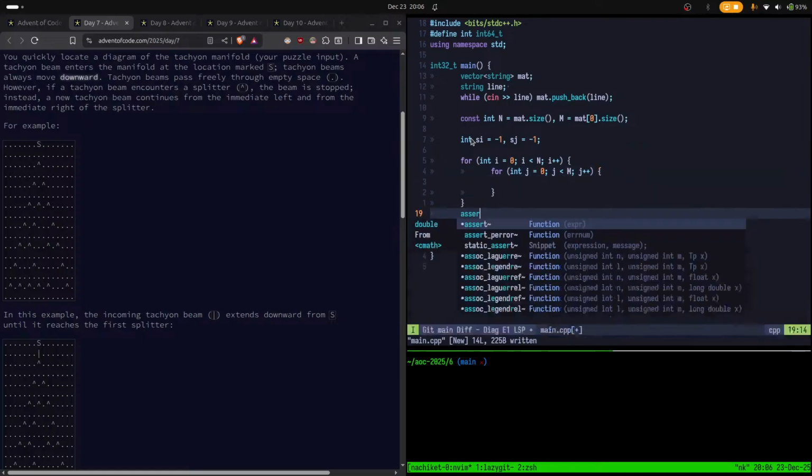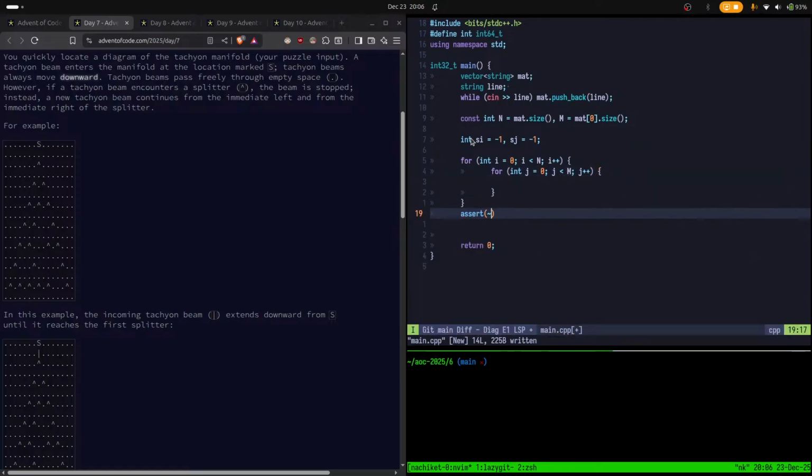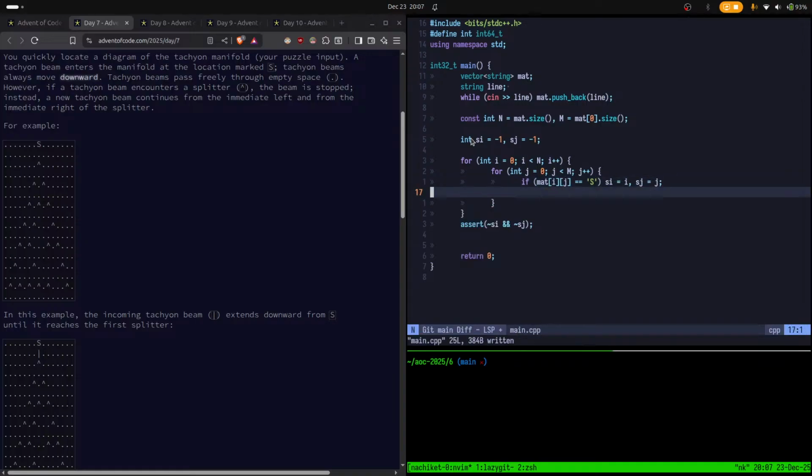Let me assert that this found the starting position, that grid at si, sj is capital S. Good.